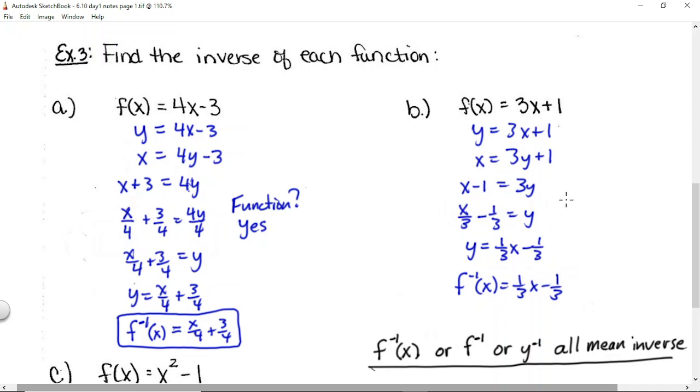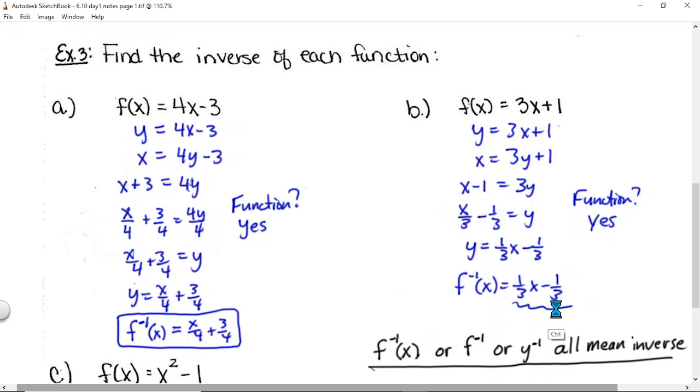And we'll ask ourselves, is this a function? And the answer is yes. If you have just the typical kinds of algebraic expressions that we're used to, they're not going to generate two different values for the same number that you put in for x. Okay?